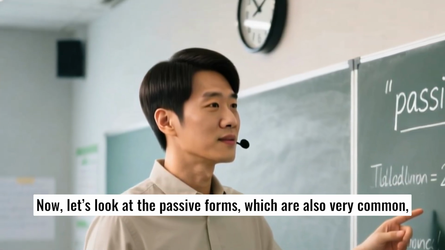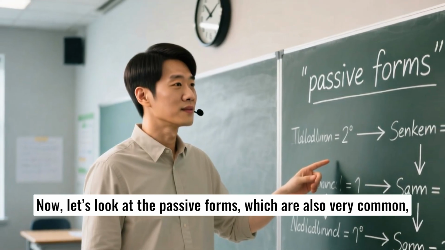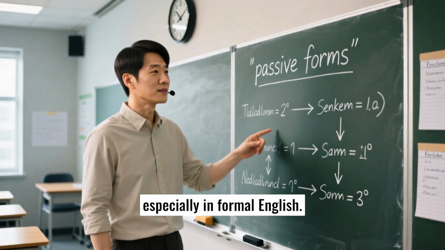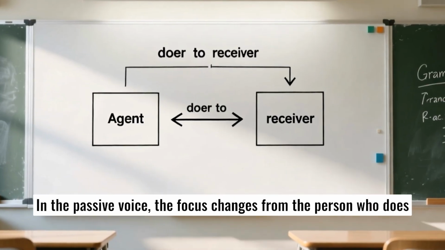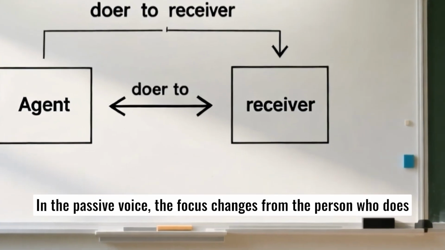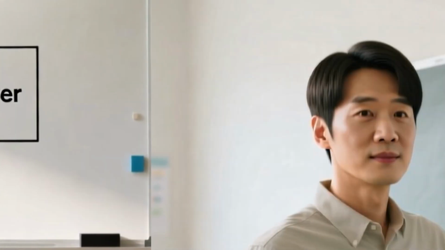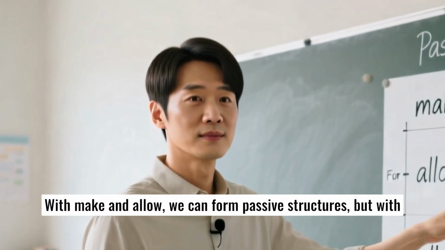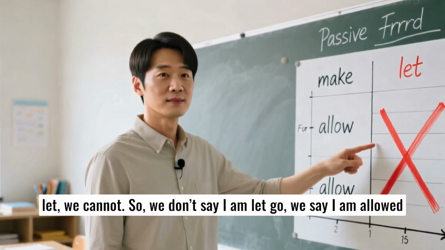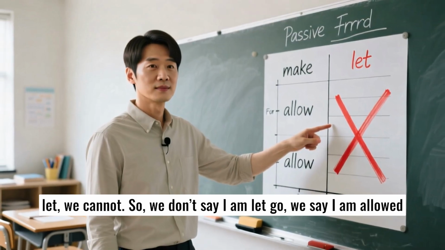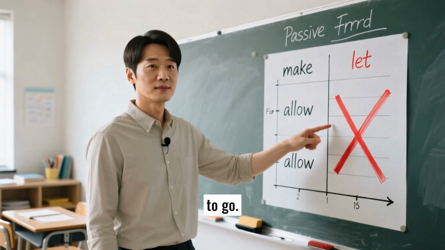Now, let's look at the passive forms, which are also very common, especially in formal English. In the passive voice, the focus changes from the person who does the action to the person who receives it. With make and allow, we can form passive structures, but with let, we cannot. So we don't say I am let go, we say I am allowed to go.